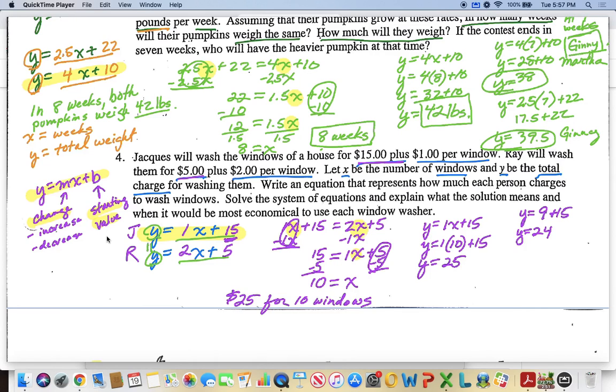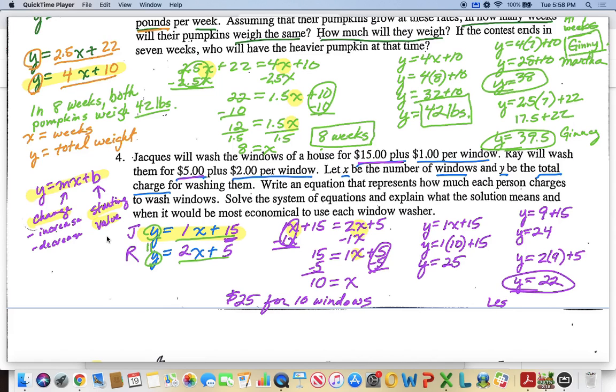But what happens if we plug that into Ray's? 2 times 9 is 18, plus 5, which is $22. So if it's less than 10 windows, Ray is going to be cheaper.